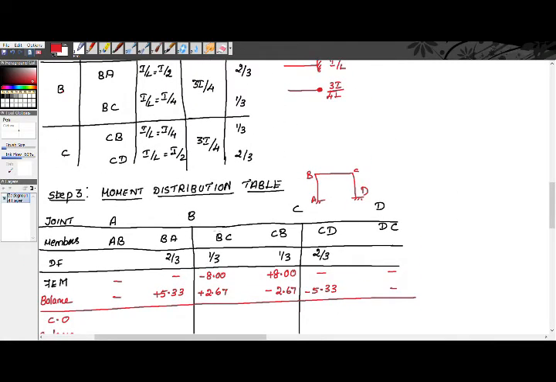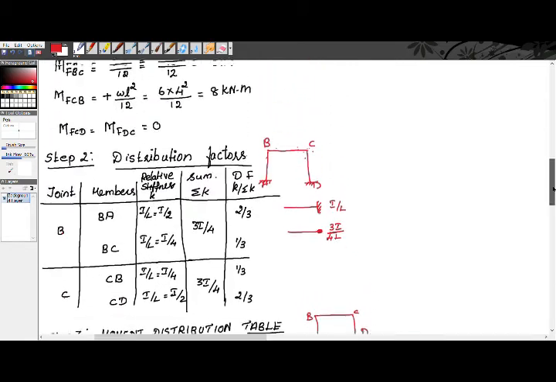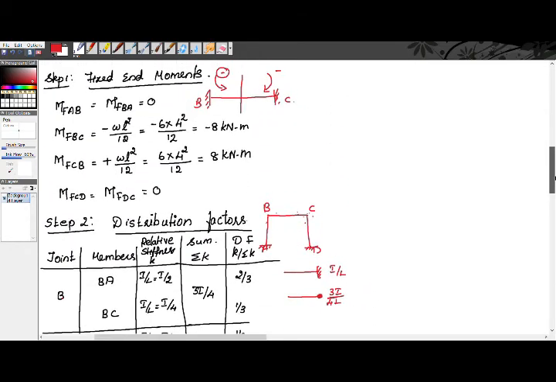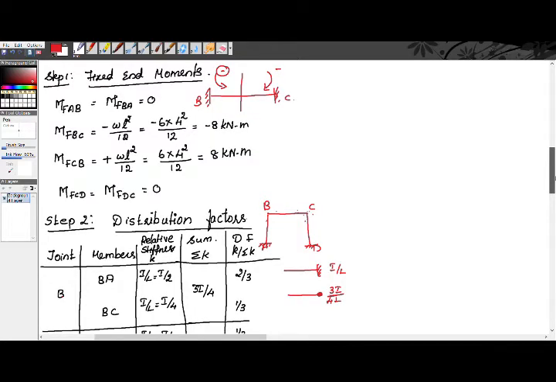For BA the distribution factor is 2 by 3. For BC it is 1 by 3. For CB it is 1 by 3. For CD it is 2 by 3. Now we will write the fixed end moments which we calculated in our first step: 0, 0, minus 8, 8, 0, 0.